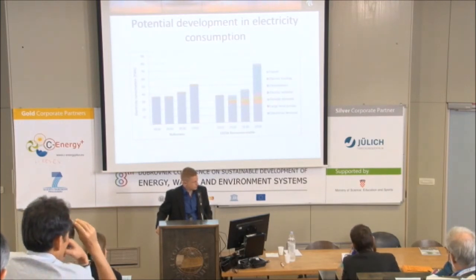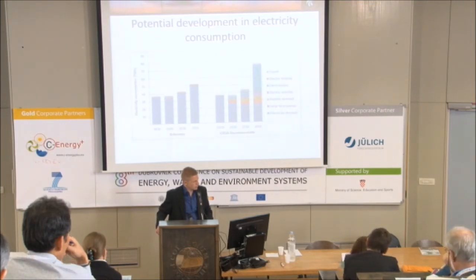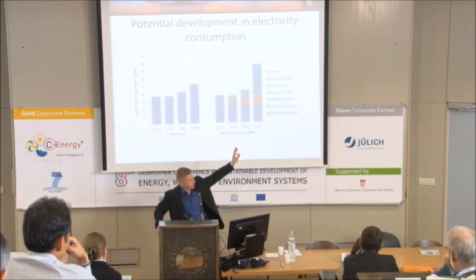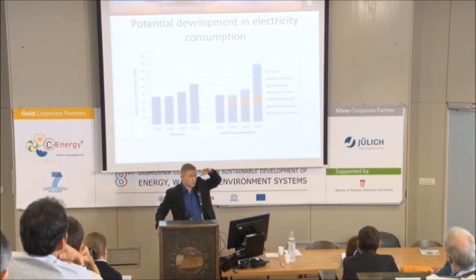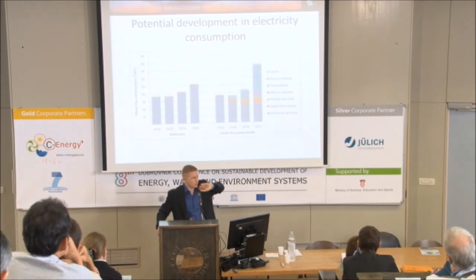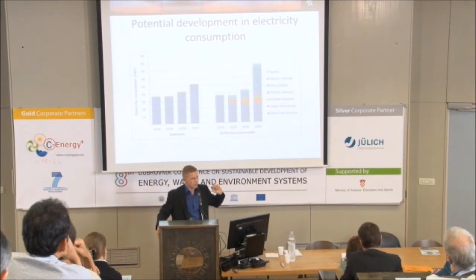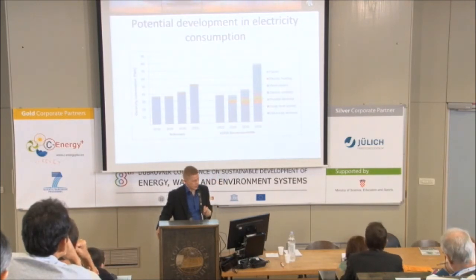And the sharp listener will see that we go from 35 terawatt hours here in 2010 to 70 terawatt hours in 2050, or even more. Now this is not because we have not saved on the consumption that we know today, but this is because we have integrated the heat sector and we have integrated the transport sector. So we need a lot of electricity for especially these synthetic fuels that we put in.